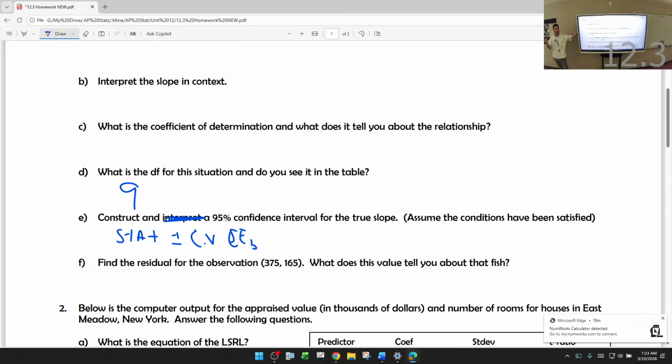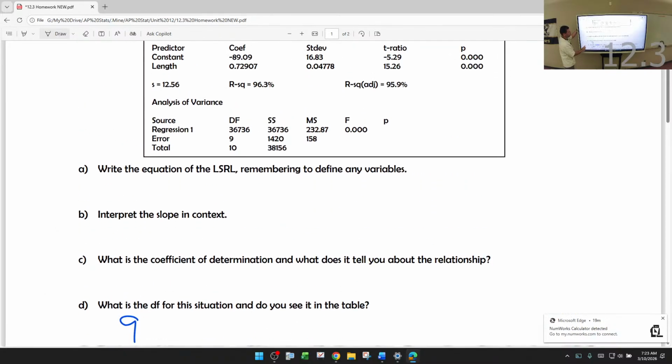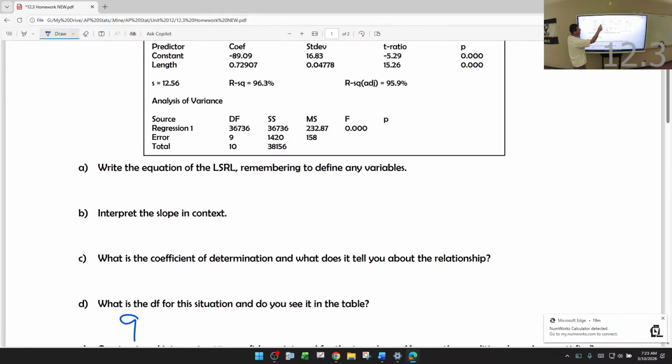So for slopes, the statistic is the slope, it's B. And that comes from your computerized printout, which is right there. Okay, that is the slope. And that's the slope of your sample, not the slope of the population. We don't ever know what the slope of the population is. That's why we do confidence intervals, right?